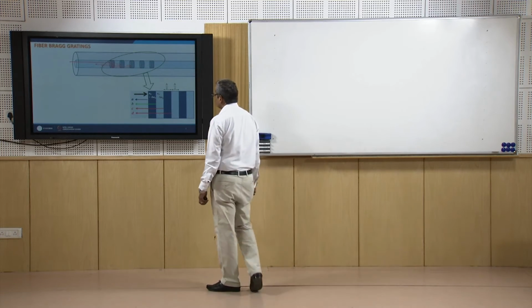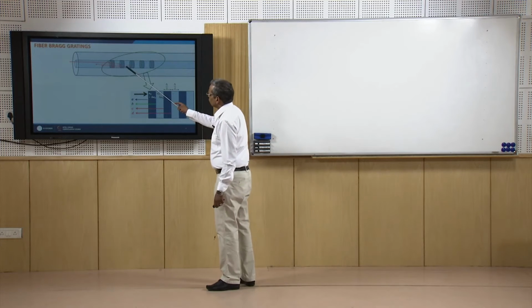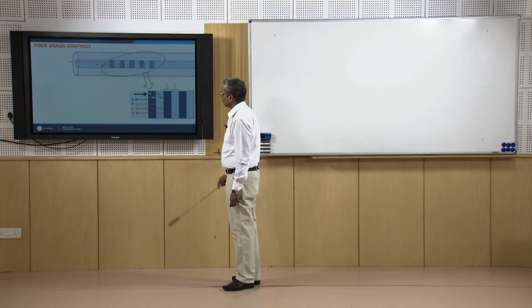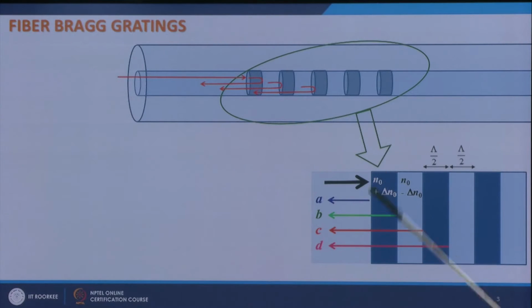So, in order to understand this, let us zoom in and consider different waves here. This is the incident wave, and we have the periodicity Λ. For convenience, let us divide it into Λ/2 for the high refractive index region and Λ/2 for the low refractive index region.